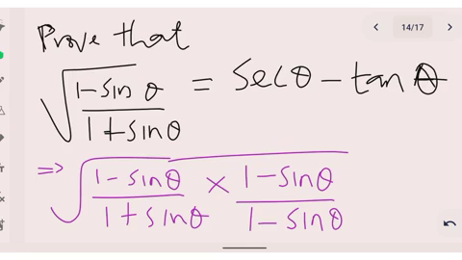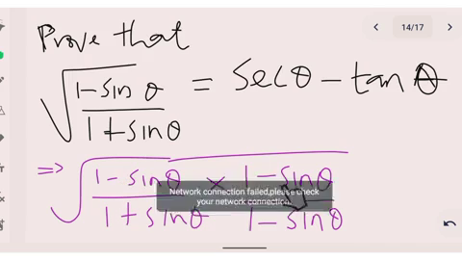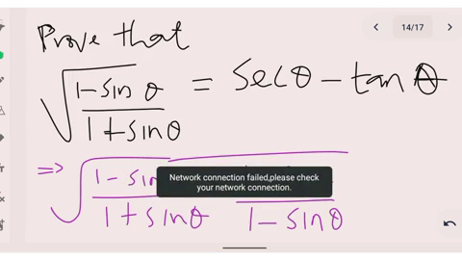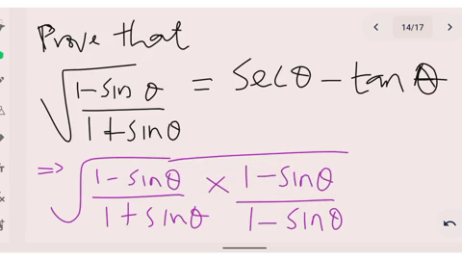So therefore, let's see what we are going to do. We go further by doing the multiplication. From here, you can see that 1 minus sine theta times 1 minus sine theta, like let's say you have x times x, this is going to be x squared.